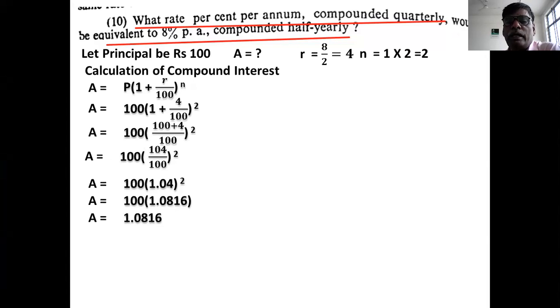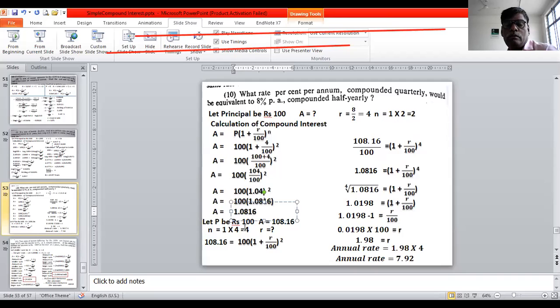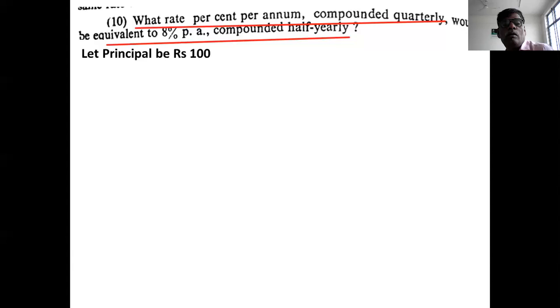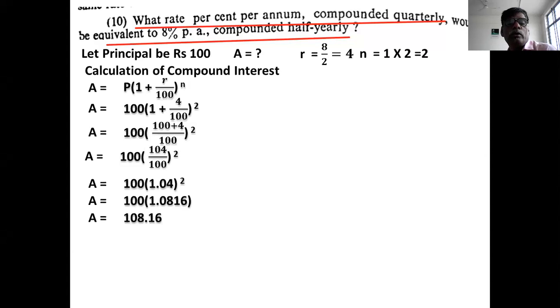At the rate of 8%, if you calculate interest half yearly, sorry, it is 108.16. $108.16 is the amount.